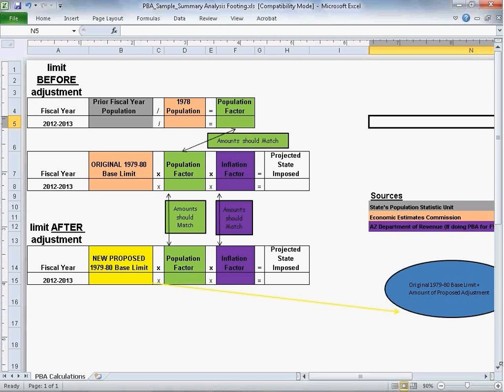So, the most recent data available for the prior fiscal year is actually 2 calendar years before the year to which the adjustment applies. In our example of a permanent base adjustment beginning in fiscal year 2013, the population figures should start with the amount for 2011. If you ever forget what year to use, you can get some guidance on our website under the FAQs.